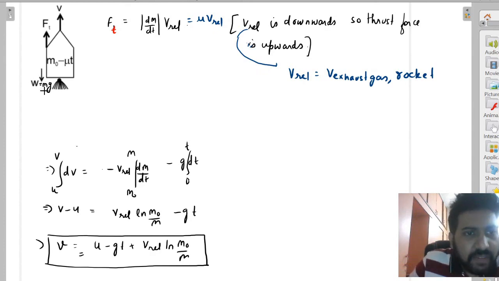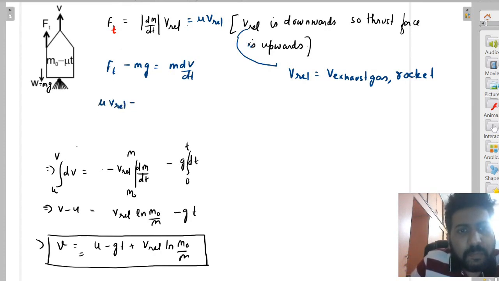And the gravity force is downward, so you will write Ft minus mg is equal to m dv by dt. That means mu v relative minus mg is equal to m dv by dt.